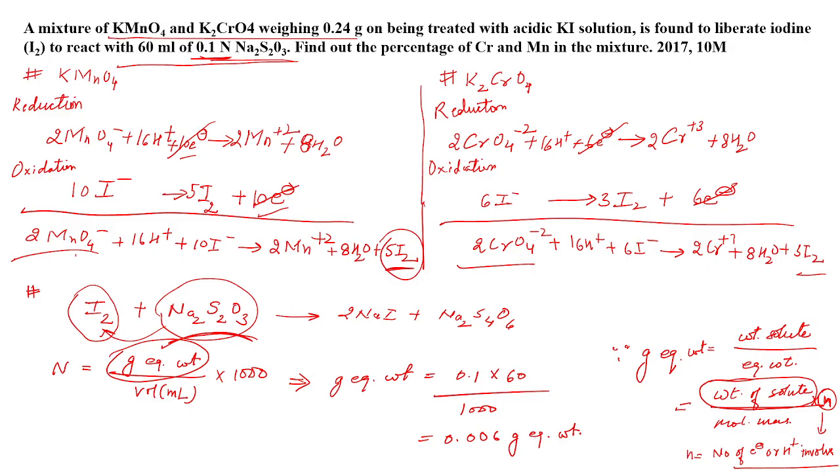For that, you need to understand the structure of these two molecules, right? Especially this one. So for this, the structure is like this: S double bond O, O negative, S negative. Okay.